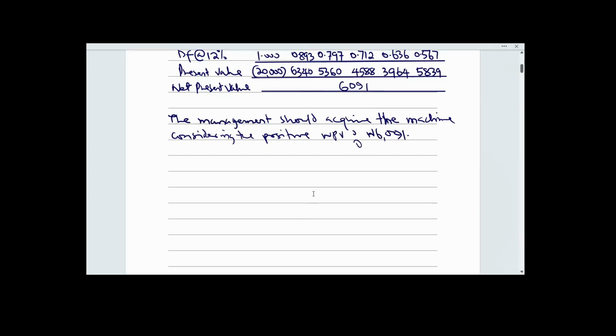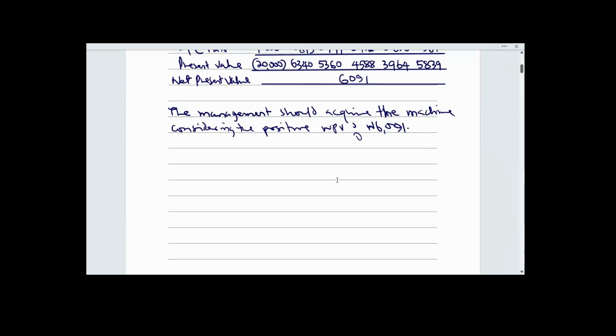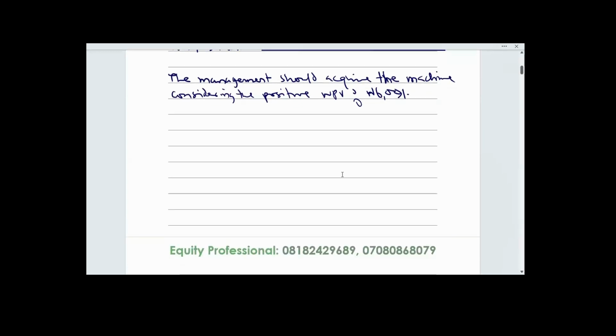Or you can say the acquisition of the machine is financially viable, considering the positive NPV of 6,091 naira. Therefore, the management should acquire the machine. However you want to put it, you are good. So that's requirement A.